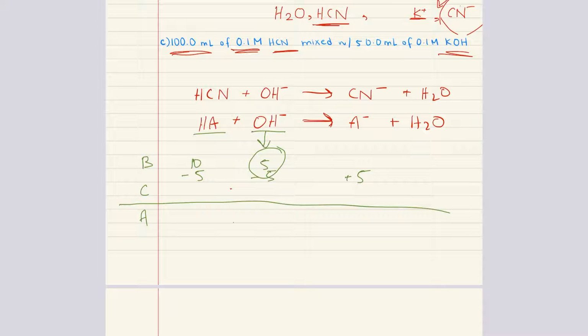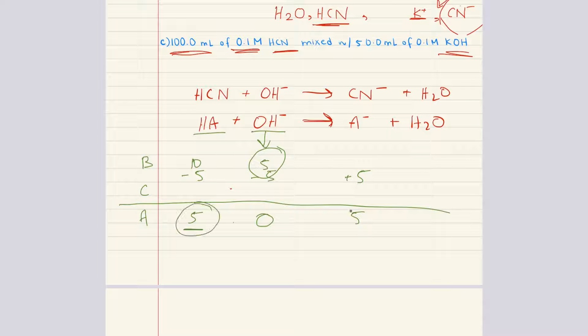So then in our after-reaction line, we're going to have 5 millimoles of our weak acid left, none of our hydroxide ions, and we would have formed 5 millimoles of our weak conjugate base.